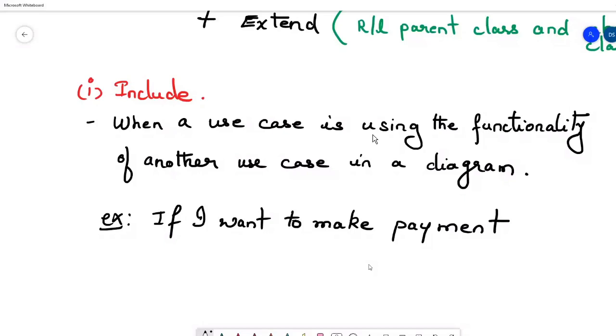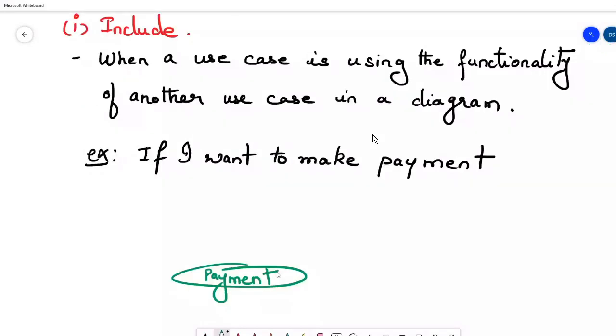No. For making a payment, I should have an account and I should be logged in with that account. So for making a payment, I need to log in. Login is required.